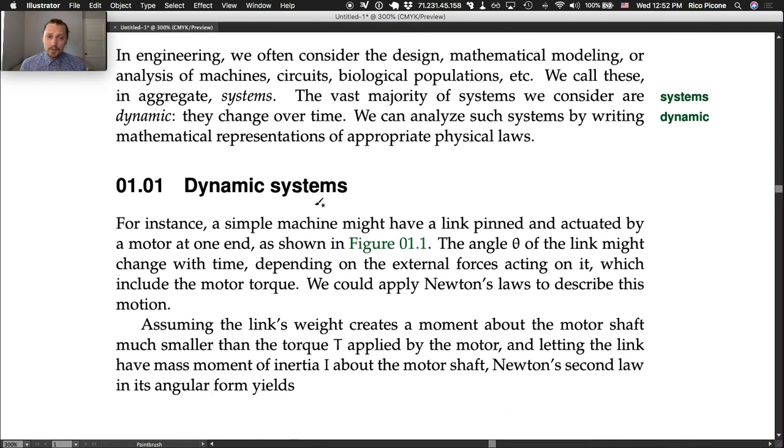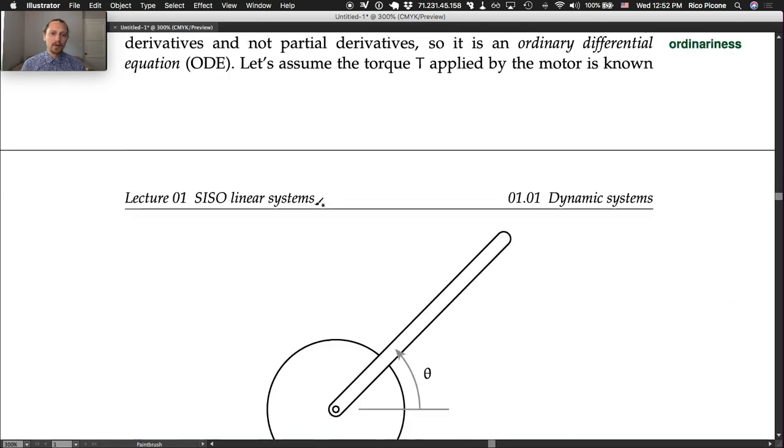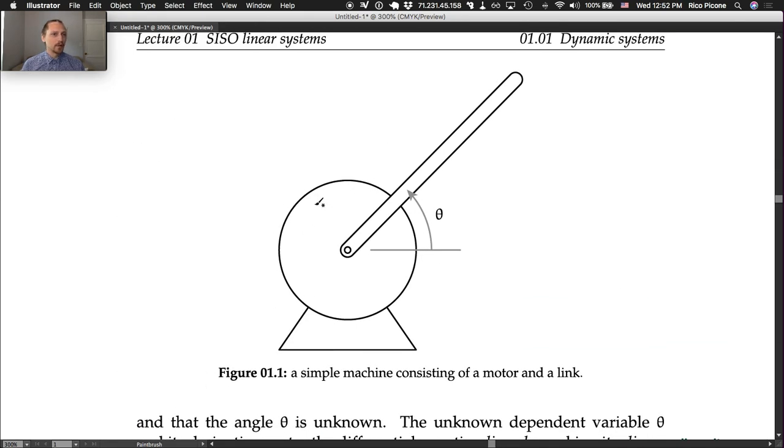Dynamic systems, section 1.1. For instance, a simple machine might have a link pinned and actuated by a motor at one end, as shown in figure 1.1. Hopefully you can just flip your sheet over and have that ready to go.